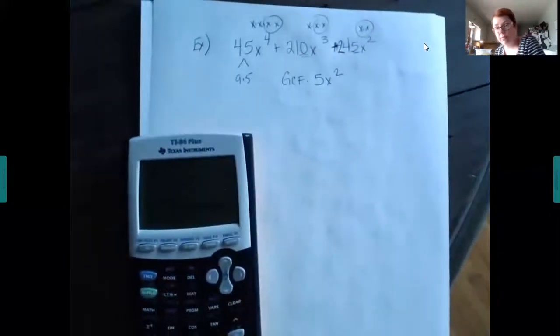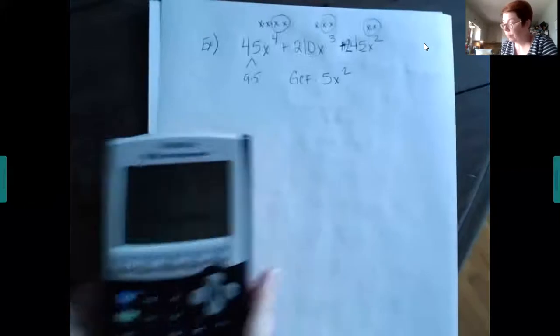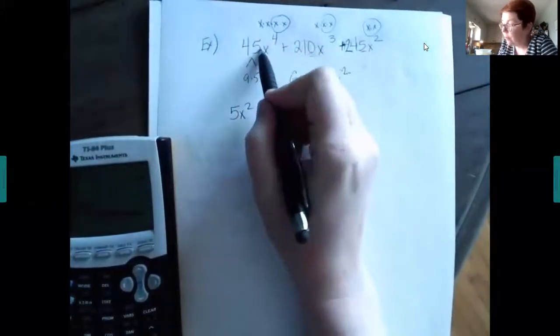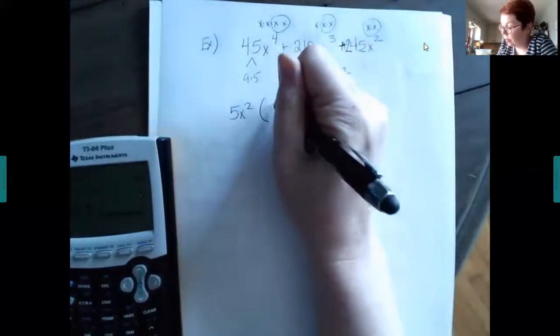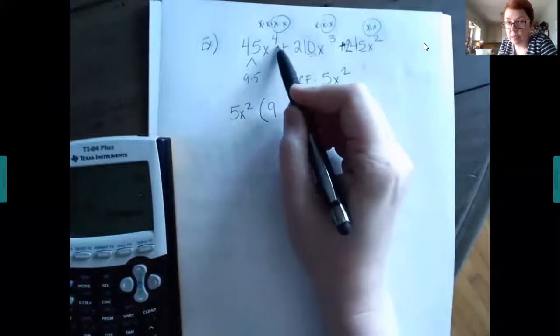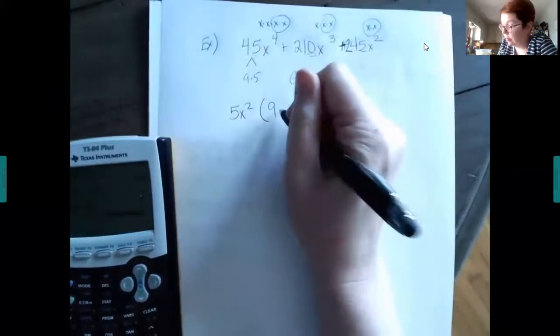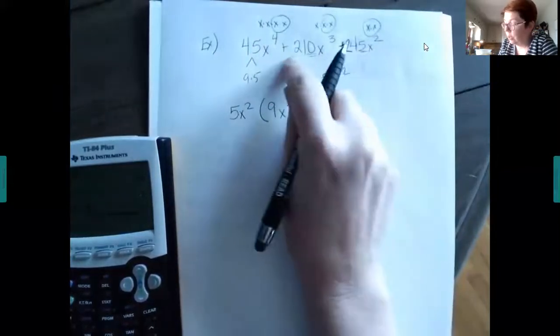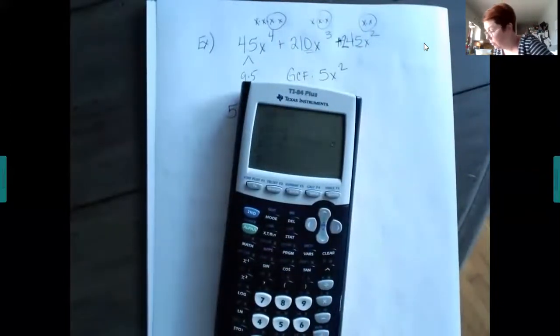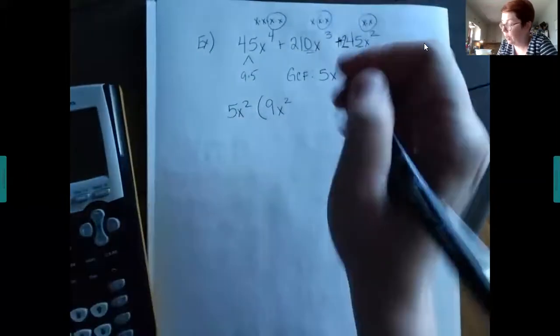So once we do that, then we see what we have left over. So 45 divided by 5 gives 9. I took 2 x's away from x to the 4th, leaving me with these x's left over. 210 divided by 5, don't know, 42, big numbers.